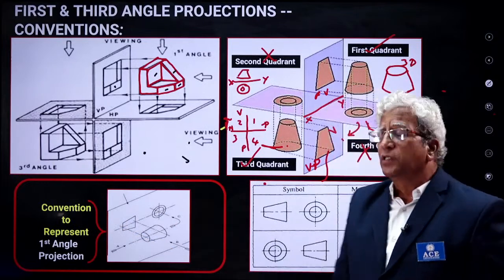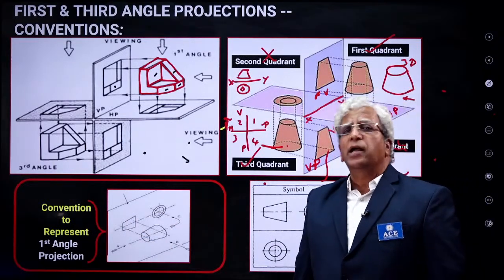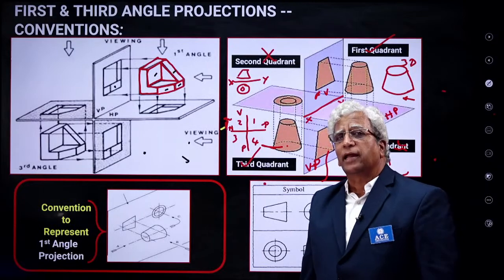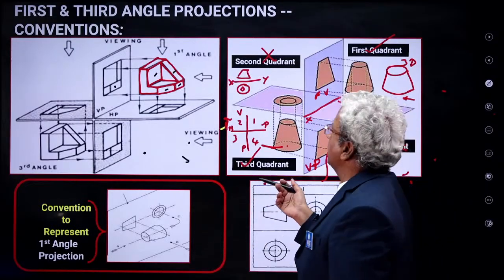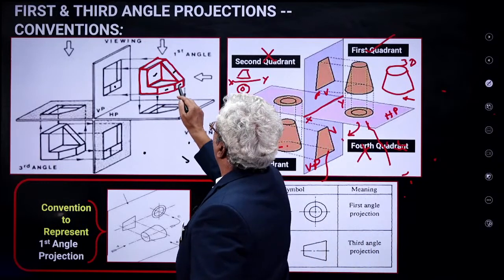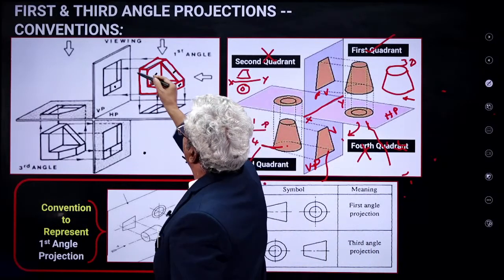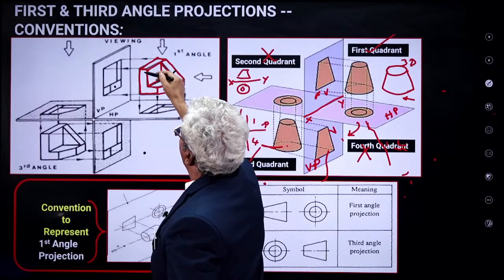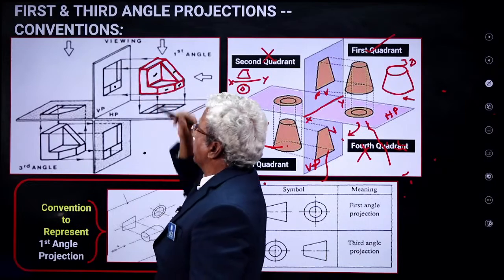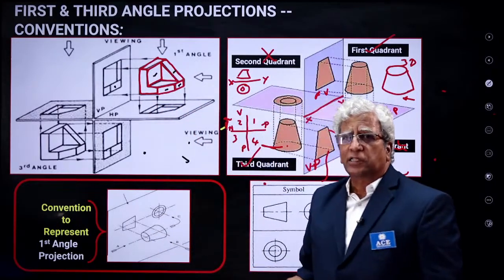Any surface which is inclined at some angle other than 0 to the plane and on the front side, you can see. You can see these two are perpendicular to the projector. These are the projectors. The projectors run from the observer through the object onto the picture plane in the first angle projection.